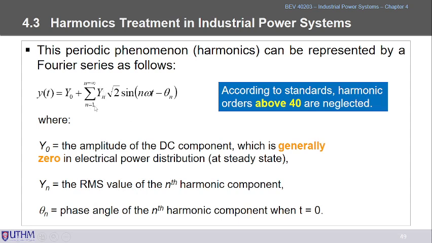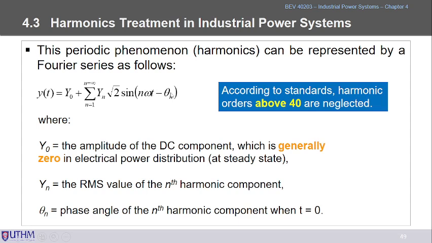If n is equal to 1, of course it is the fundamental, and if n is larger than 1, that is 2, 3, 4, etc., it represents the harmonic components. It is a sine wave, and this is the number. We start with 1, and omega is 2 pi f. This represents the time series, or the time domain.